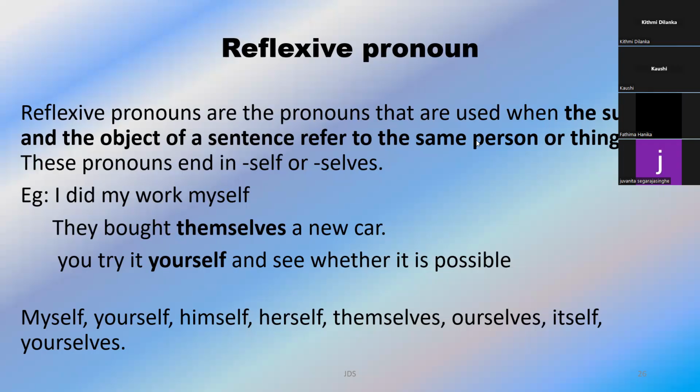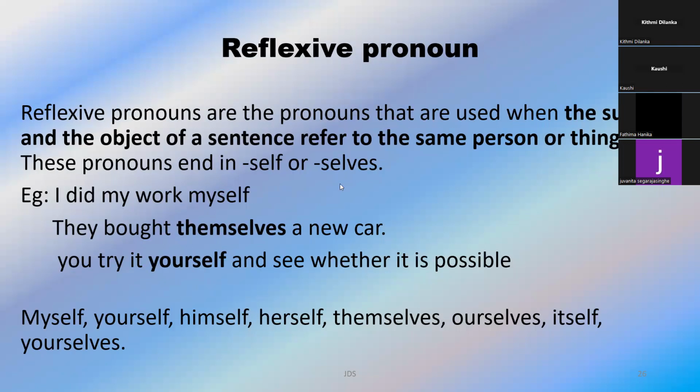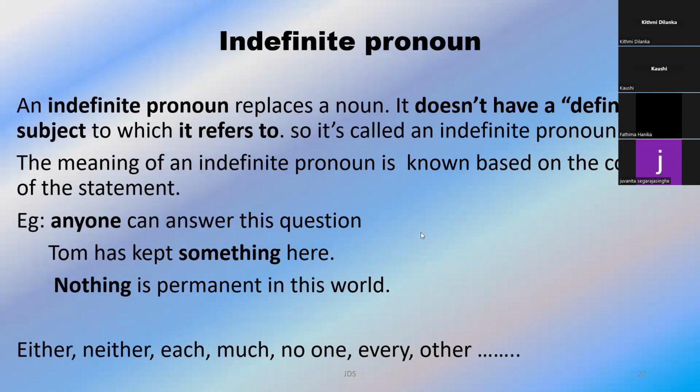The subject and the object are referring to the same person. See, they bought themselves a car. They, themselves. You, yourselves. So the indicator is either self or selves when it comes to reflexive pronouns. It's very easy to identify. So you have demonstrative pronouns, you have the reflexive pronouns, indefinite pronouns.